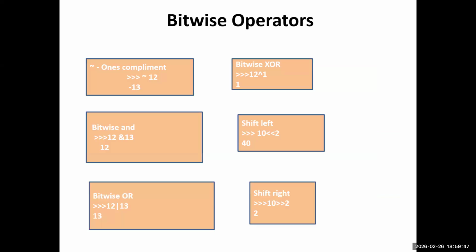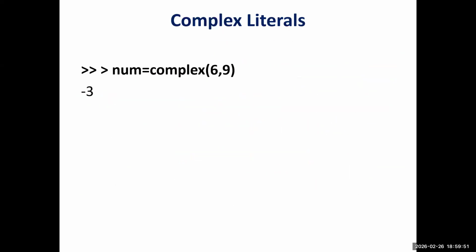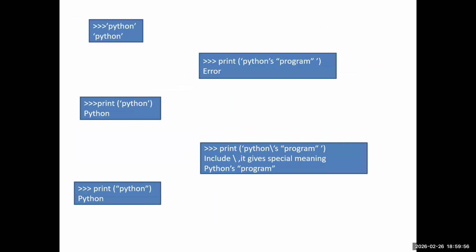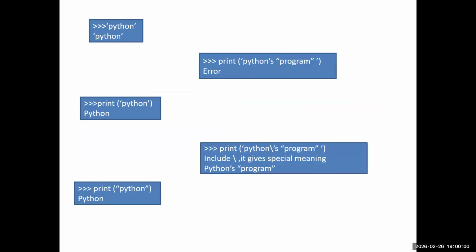Kindly go through all the examples for the string. It is available in literal. See here, so many methods of giving a string are available. You can mention the string in single quotes.